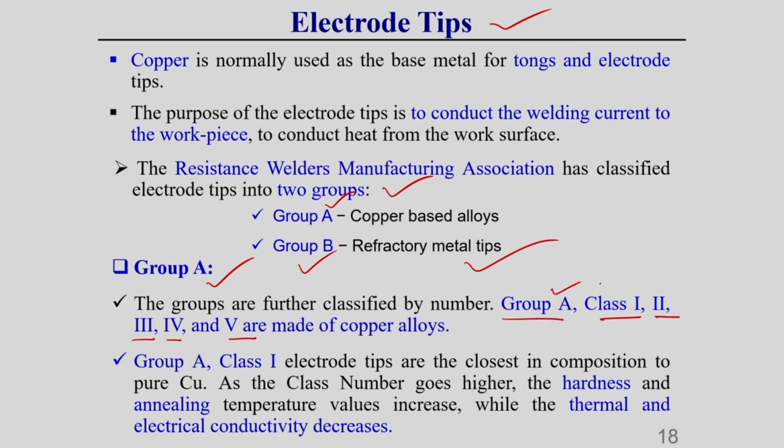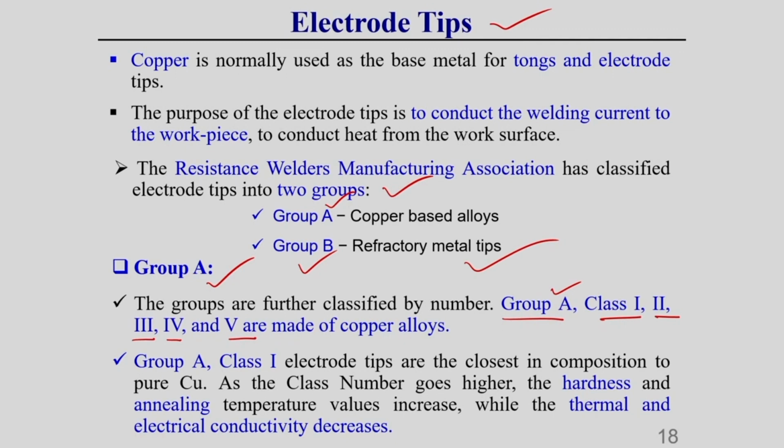generally has a conductivity closer to copper, that means the Group A Class 1 electrode tip has a composition like pure copper. Now if the number increases, from 1 to 2, 2 to 3, 3 to 4, generally the electrode tip hardness and its annealing temperature value increase, and its thermal and electrical conductivity decrease.